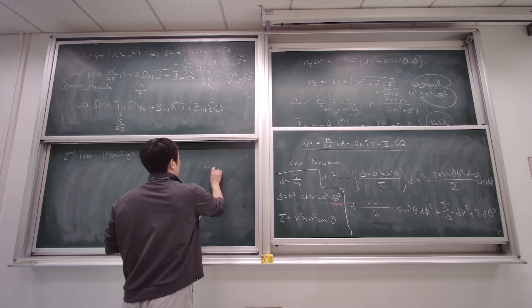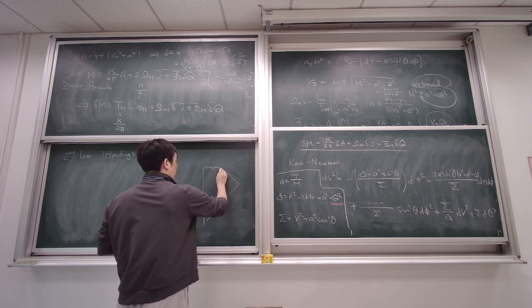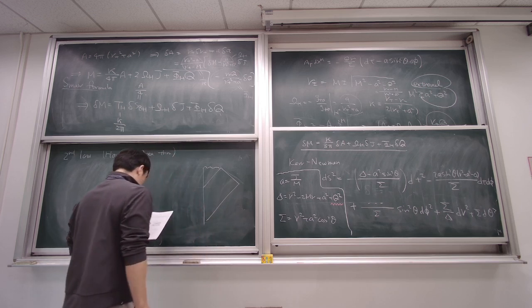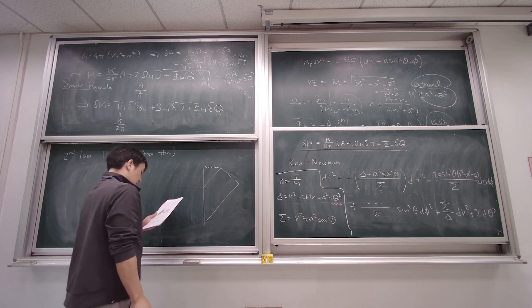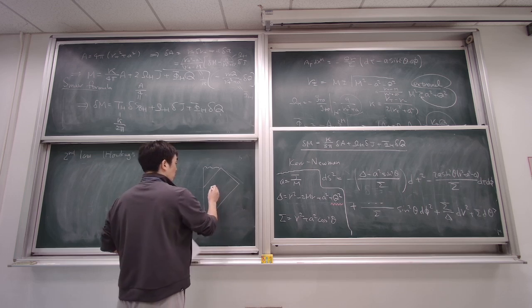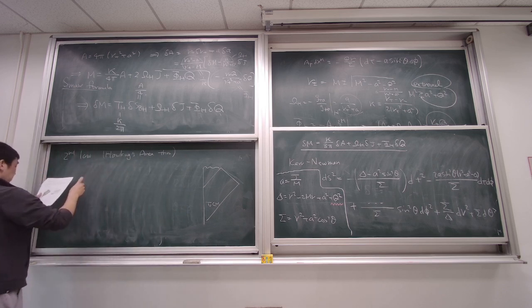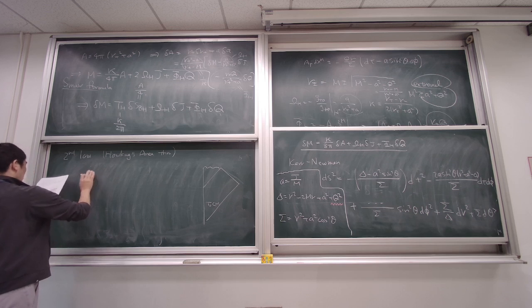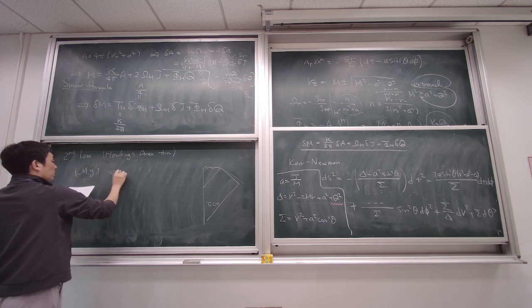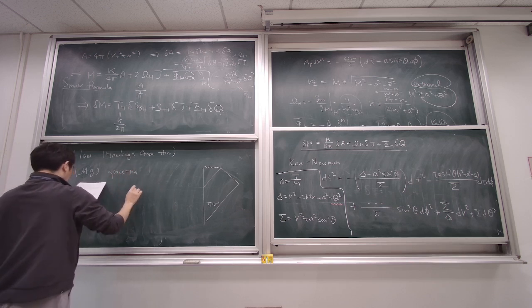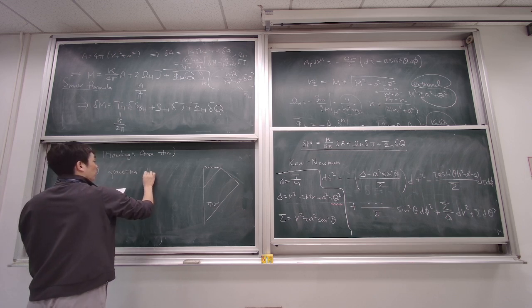So you have a structure like this way, and then this is called U inside of M. M is the spacetime, and here it's called with null energy condition.